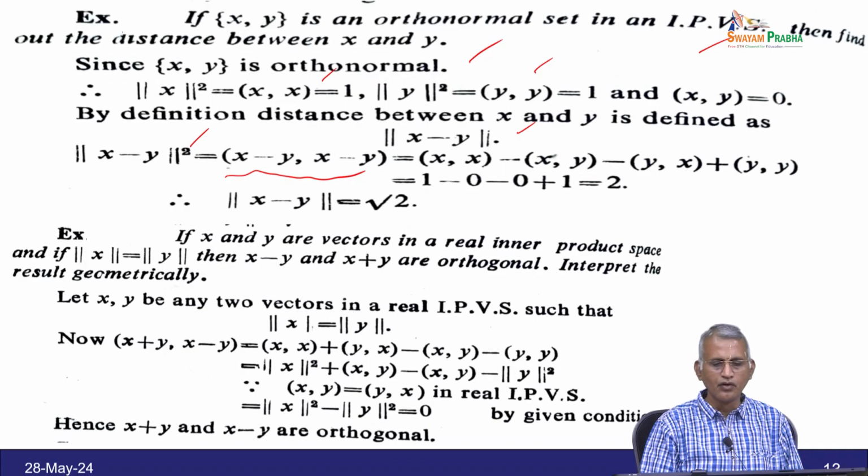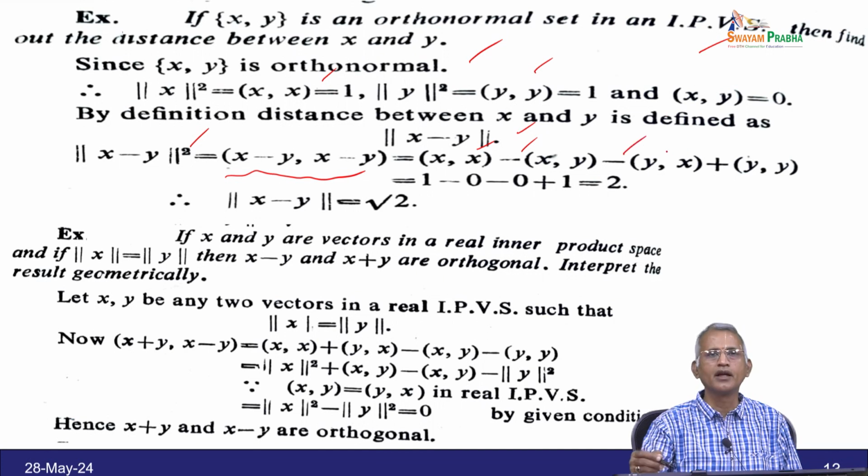Now, split it into 4 terms: x comma x, x comma minus y, minus y comma x, and minus y comma minus y. In the second part we have a minus, take it outside. Therefore, x comma x minus x comma y, and for the third one, the first part is minus, take it outside, minus y comma x, and in the last term both are minus, minus into minus is plus, therefore y comma y.